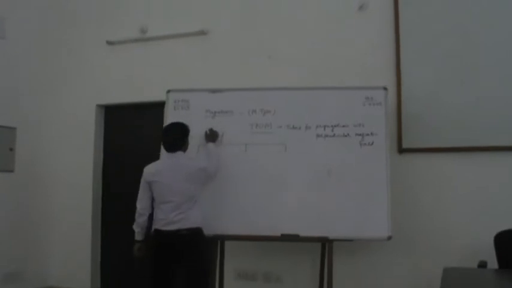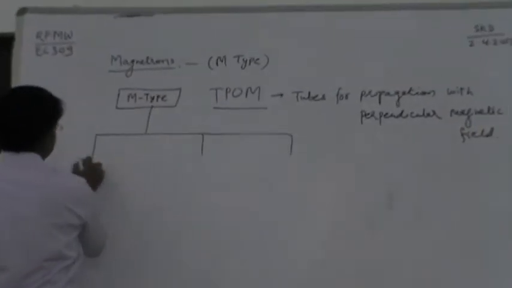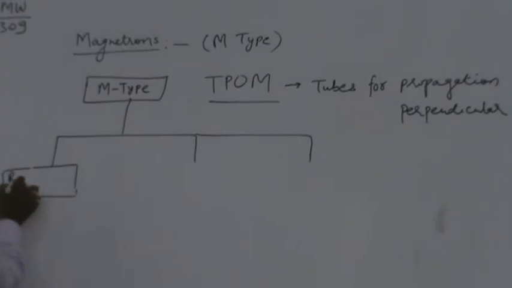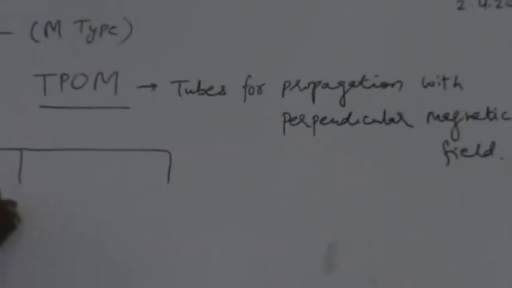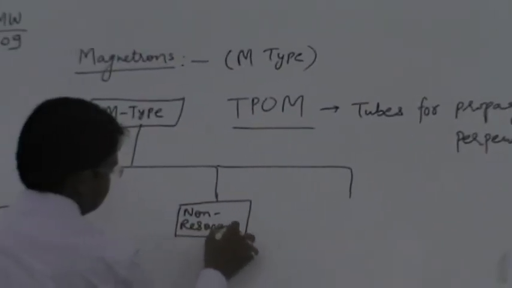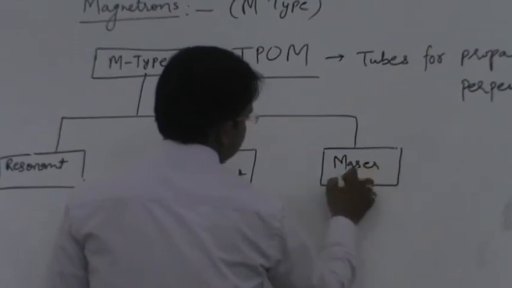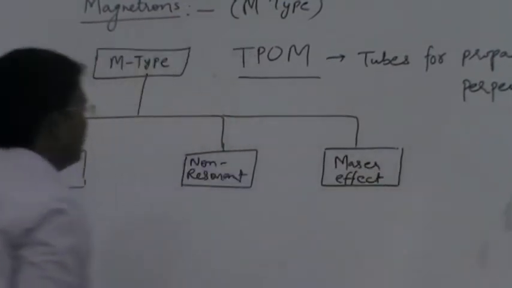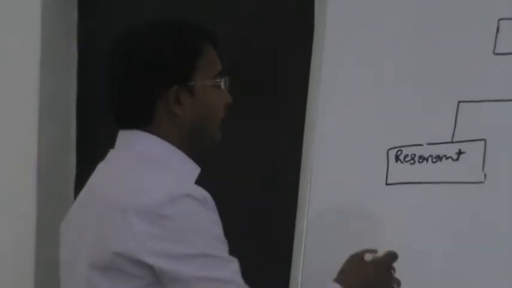So if we classify the M-type tubes, which we have discussed, the total devices of M-type, magnetron type, working on the principle of resonant cavities or non-resonant cavities or Messer effect, they are divided into three categories.